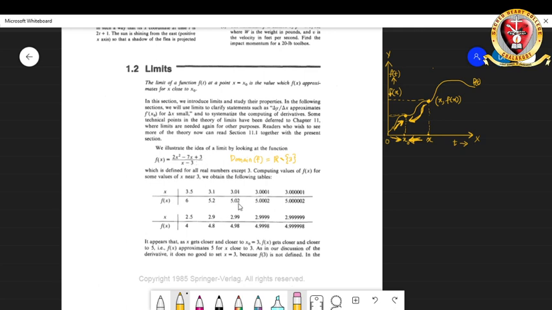You get it to be 5.02. Similarly, you calculate for 3.0001, which is also very close to 3. You get the value for f of x to be 5.0002. Also for 3.000001, you get the value 5.000002.